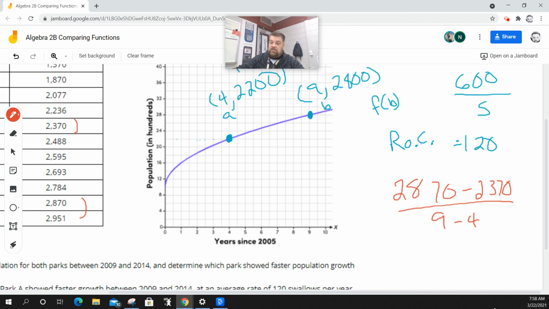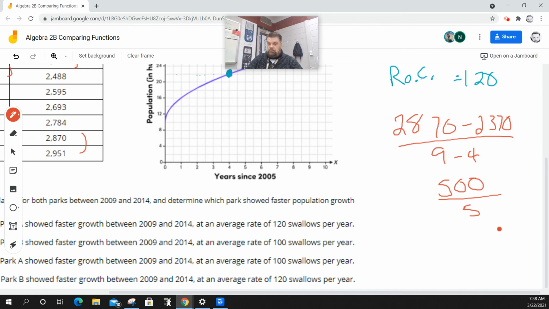That's actually 500 over 5. Which reduces down to 100.